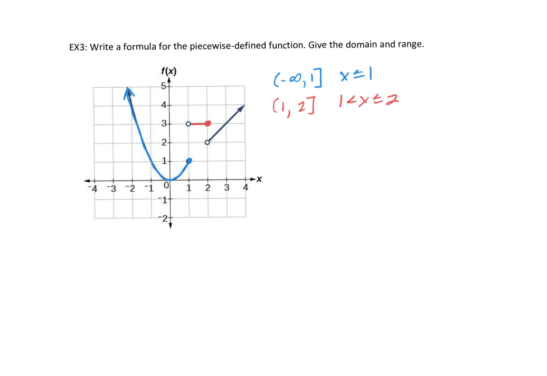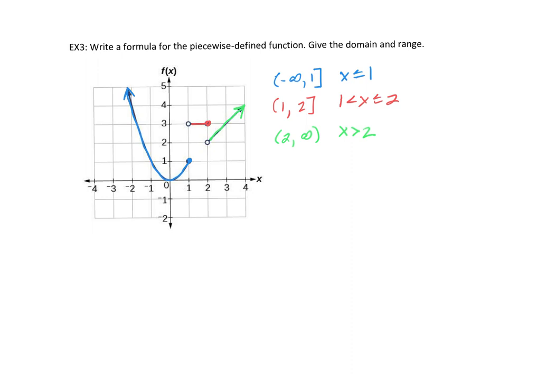And then my last piece, open circle, but the line goes up to positive infinity. That gives me x values from 2 with a parenthesis because it's not included to positive infinity. That corresponds to x greater than 2. So now I have my intervals and my inequalities.